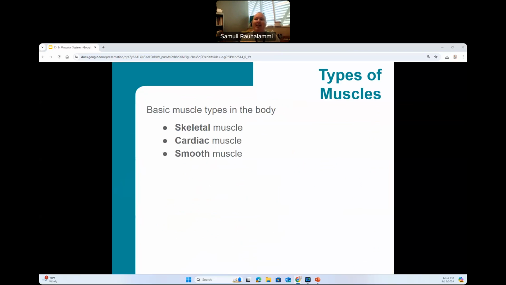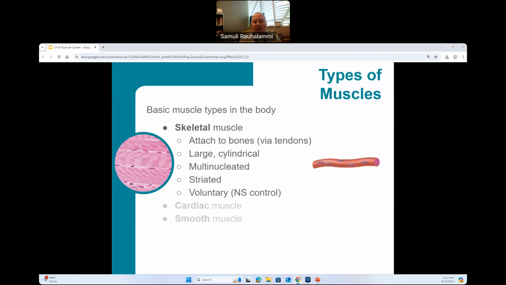I do want to take us to the very basics. The first thing we're going to do is look at the three basic muscle types found in the body. We're going to start with the skeletal muscles. That's going to be our focus for this chapter. We'll revisit the other muscle types later in relevant body systems.